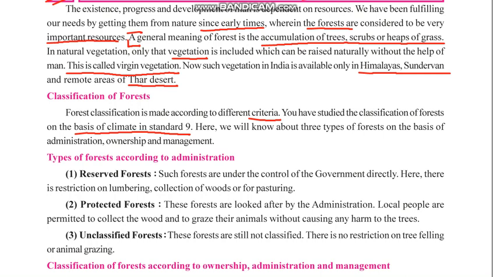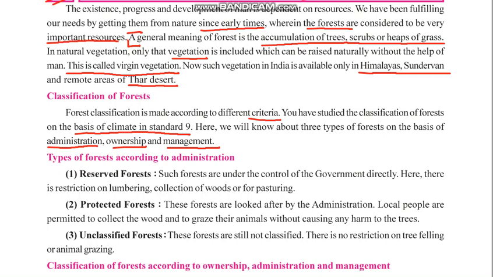So we had divided the forest there on the basis of climate, but right now we are going to study the forest bifurcation on the basis of administration, ownership and management.